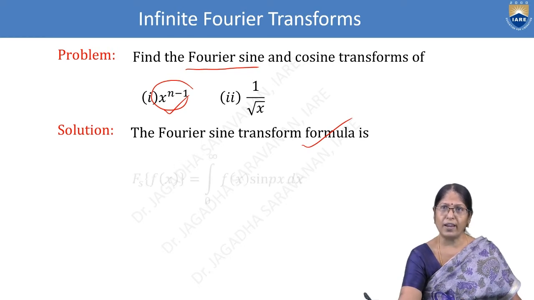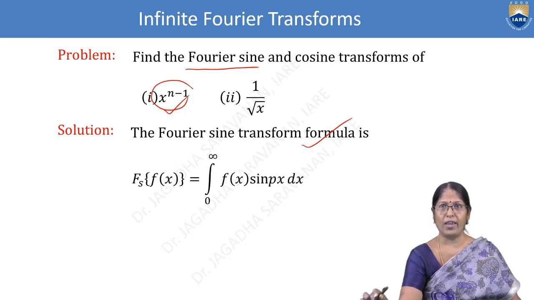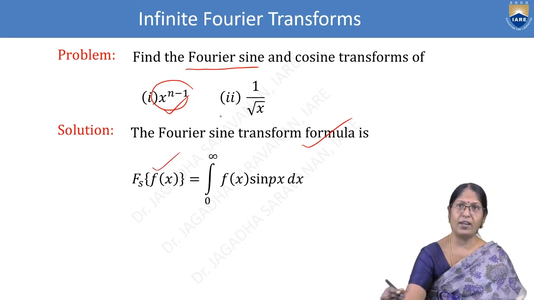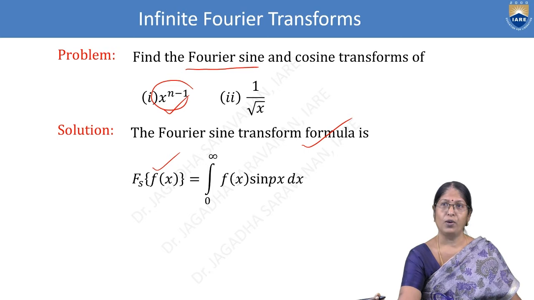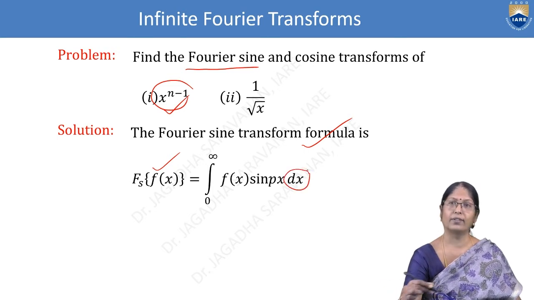The Fourier sine transform formula is capital F s of f of x equals the integral from 0 to infinity of f of x sine px dx. So we have to integrate with respect to x, with the limit from 0 to infinity.